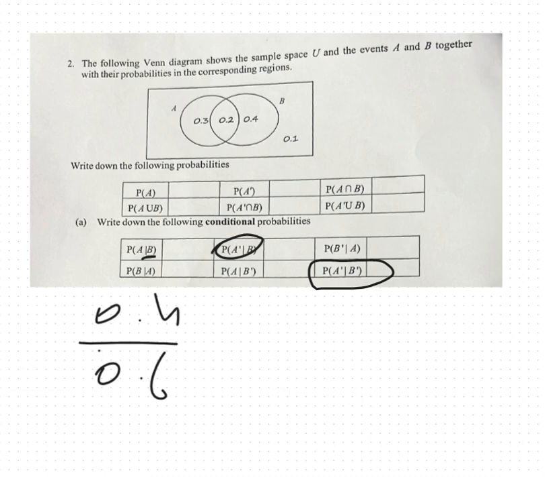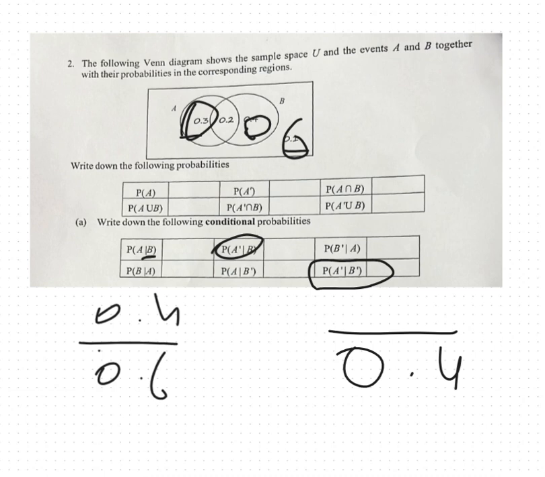Now just jump to the last part, P of A complement chosen from B complement. We can see the B complement elements are 0.3 and 0.1, which means the denominator would be 0.4. We are choosing from the B complement elements, which are 0.3 and 0.1.